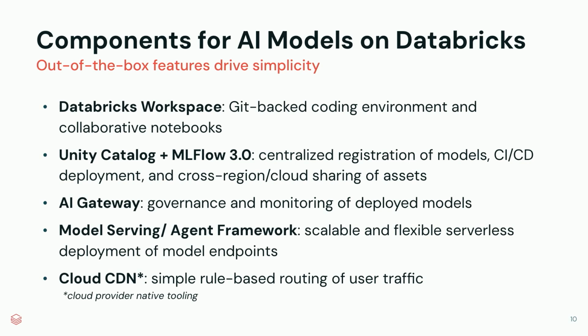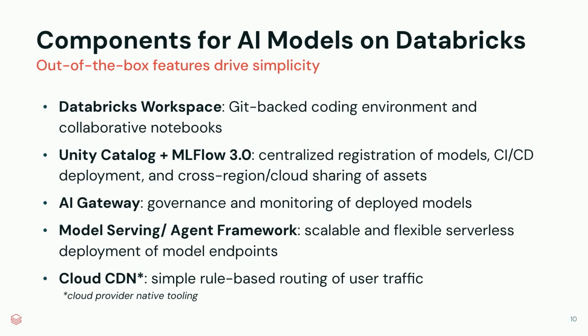That'll allow, within a region, your models to be centrally registered, discoverable, and permissioned. And with the addition of MLflow 3, we have native model CI/CD deployment capabilities, where whenever something changes with a model, you can start a workflow, a Databricks job, that can then handle deployment across regions or across clouds, as well as validation of your model.